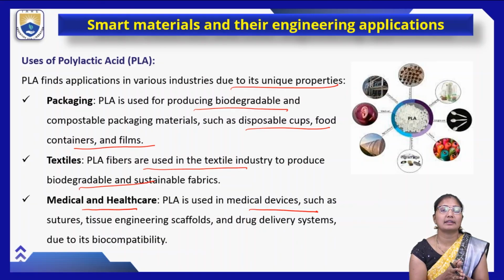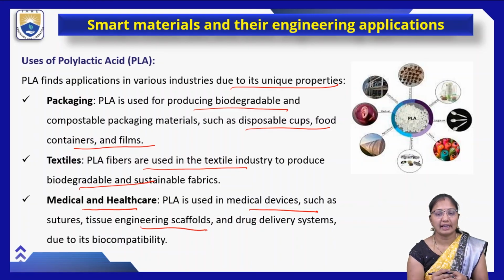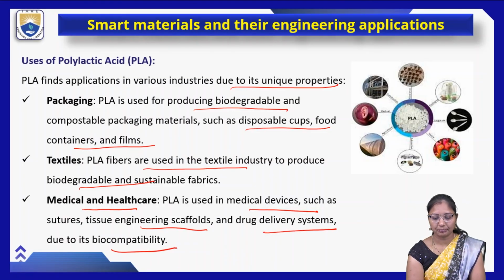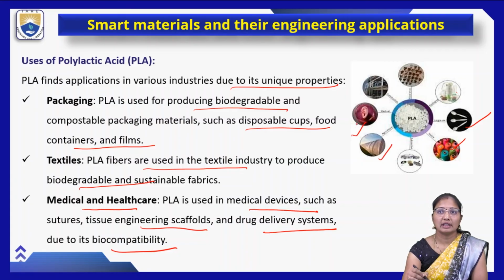These polylactic sutures can degrade in the body itself without infecting the area. It is also used in tissue engineering scaffolds and drug delivery systems due to its biocompatibility. It is used in agriculture and even in ear implants.